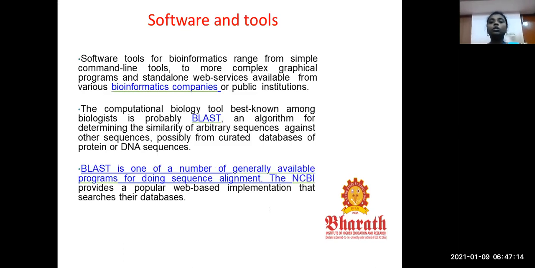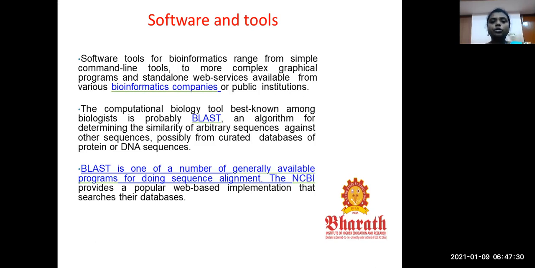Then we'll move on to the software. Software tools for bioinformatics range from simple command line tools to more complex graphical programs and standalone web services available from various bioinformatics companies or public institutions.